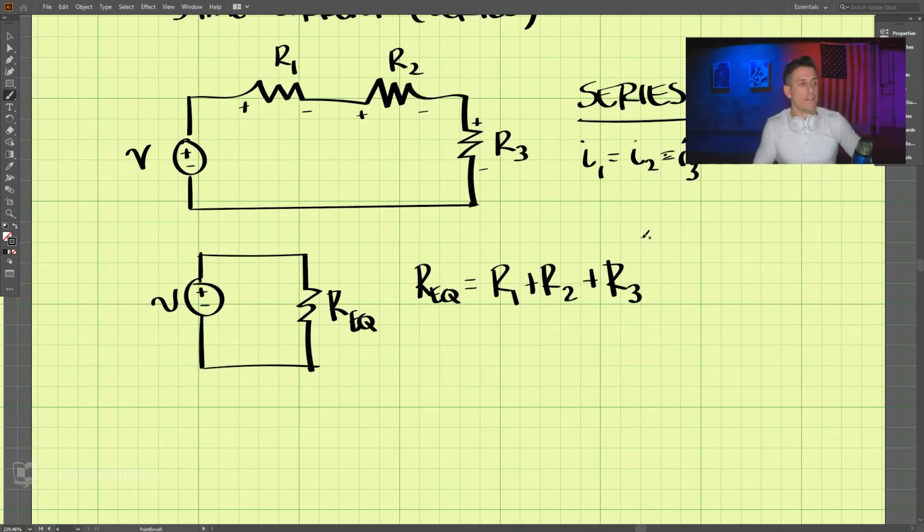Now, what if we want the voltage across resistance 3? We want this voltage, V3. What is that equal to?